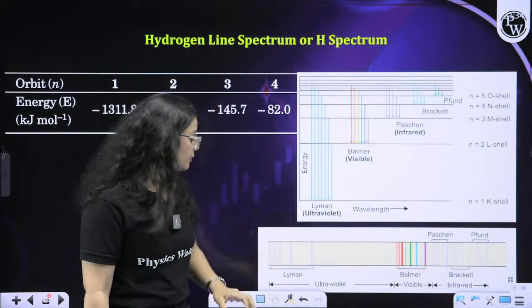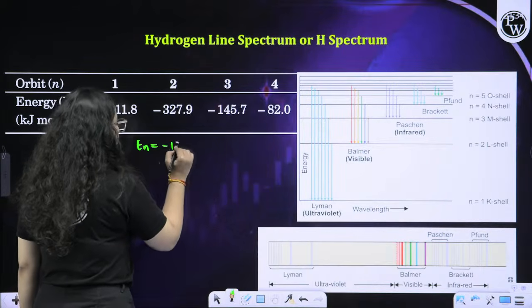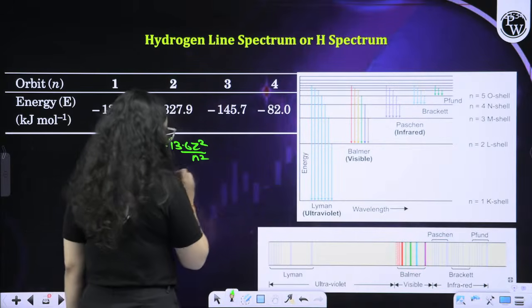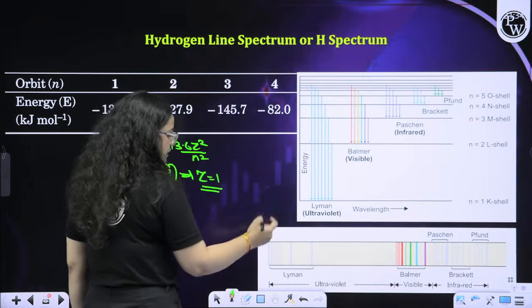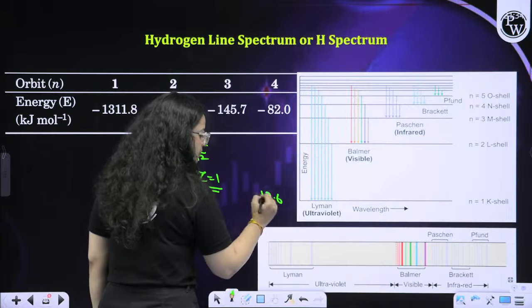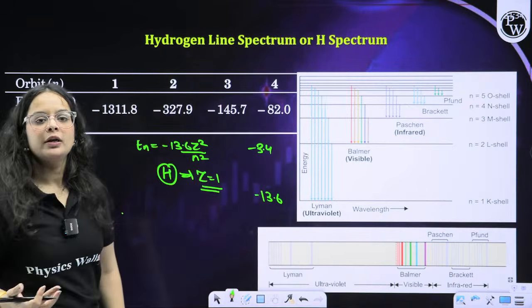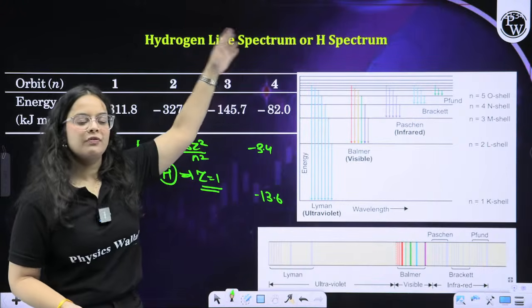How do we get them? You can simply apply the formula that energy of the nth level is equal to minus 13.6 z square by n square. For hydrogen, the z value is 1, and you substitute the n value accordingly: minus 13.6, then minus 3.4. Similarly you can substitute the values for the second, third, fourth, fifth level and so on.